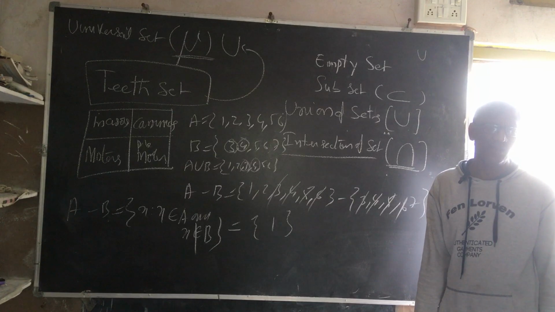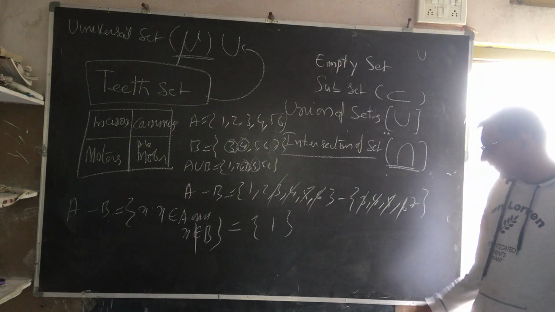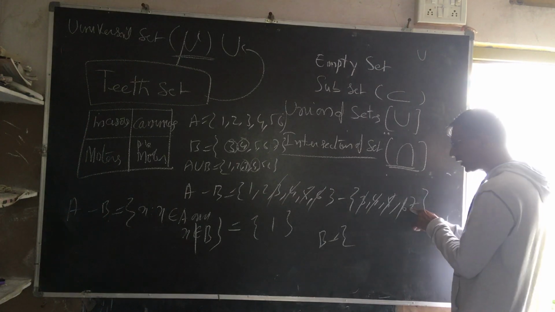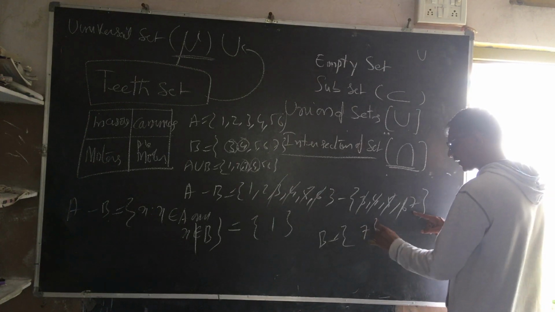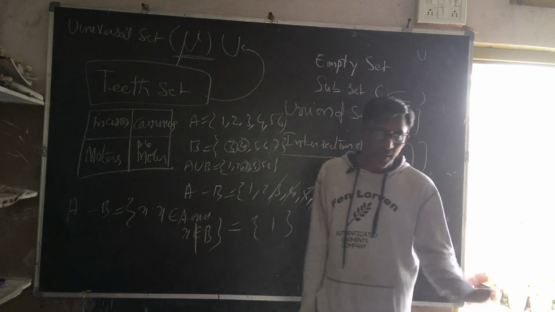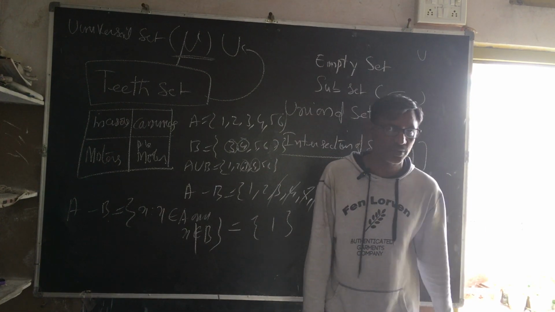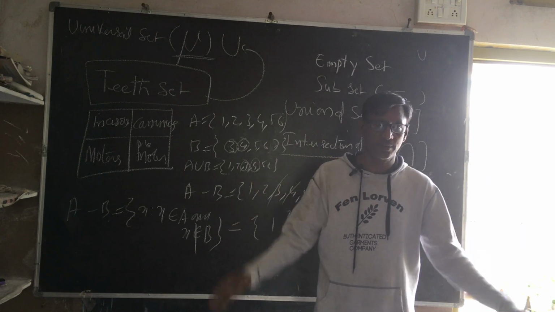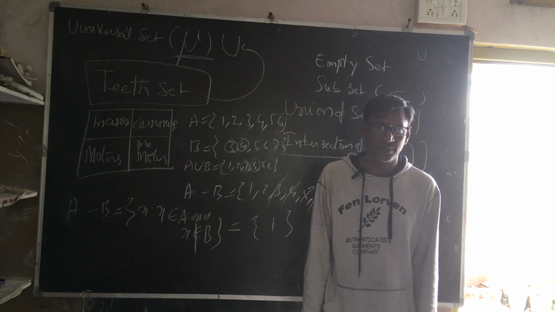Is there any doubt? No. The next one is B minus A, which means you write down only the elements in B. You write the reverse: X such that X belongs to B and X does not belong to A. This is all about different types of sets.